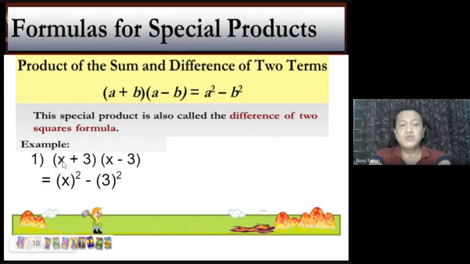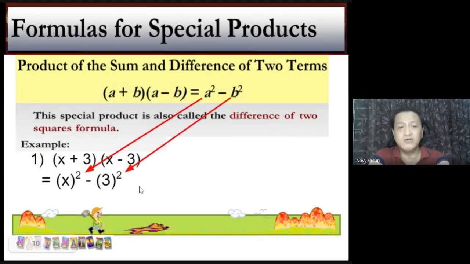We square the first term, x squared, and square the second term. But this is a copy, take note of that. Always copy the minus because this is the difference of two squares. Then, if you simplify, x squared stays the same. And likewise, when you square 3, that is 9.